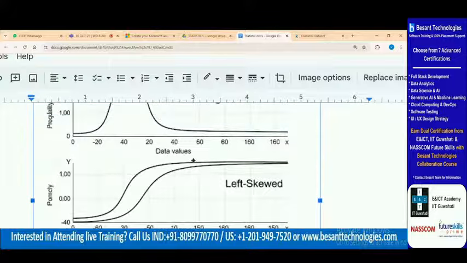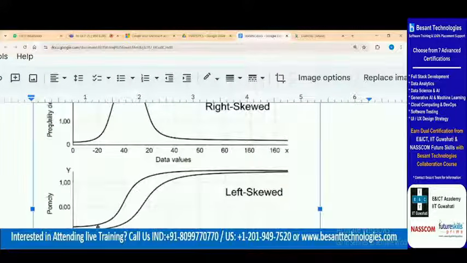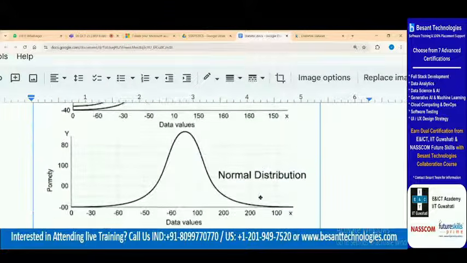If the values are in the lower side and then go up, if the curve is in this format, then it is called left skewed.